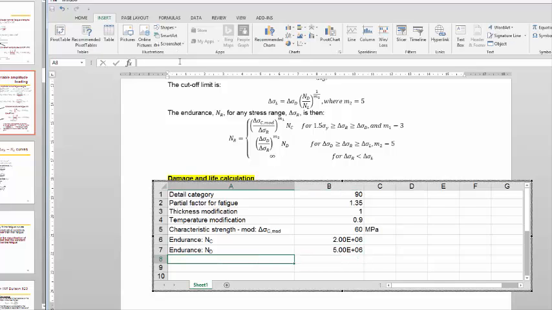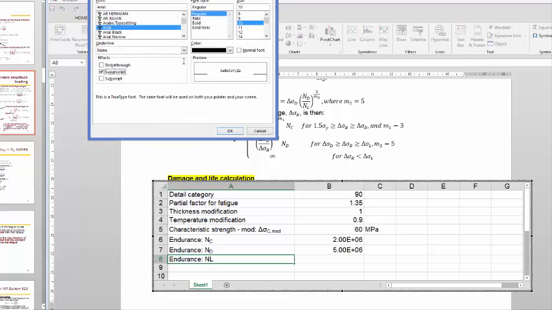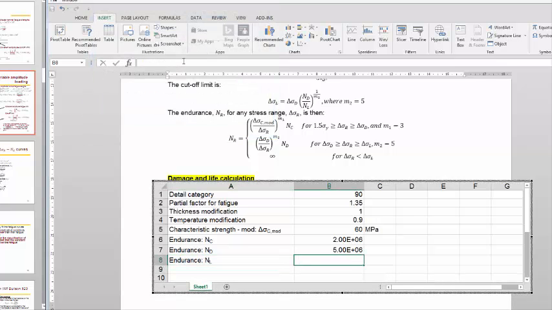And then we need the endurance at the cutoff limit, and the endurance at the cutoff limit is equal to 100 million cycles. So there we have these values, and now we can easily calculate from this. Let's calculate it from this side so that we don't make the table too long.